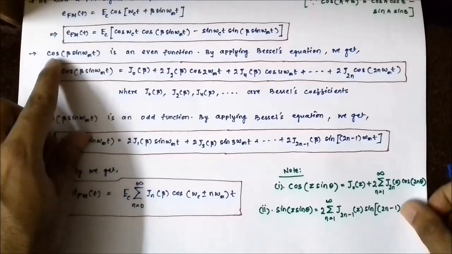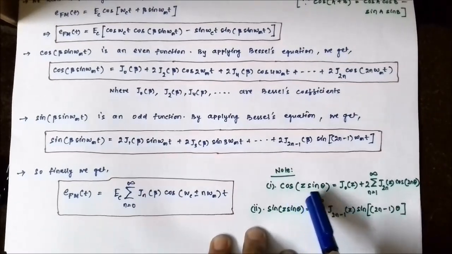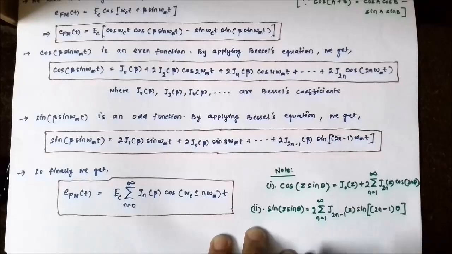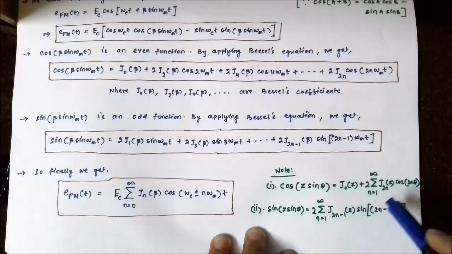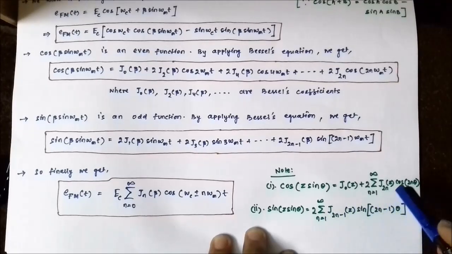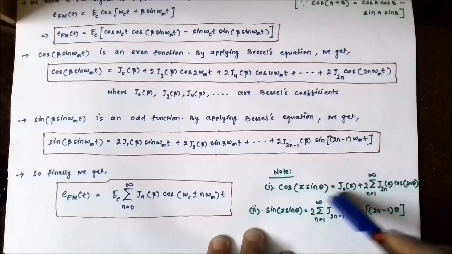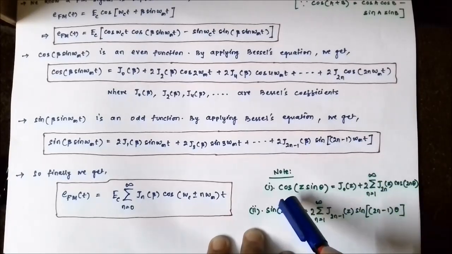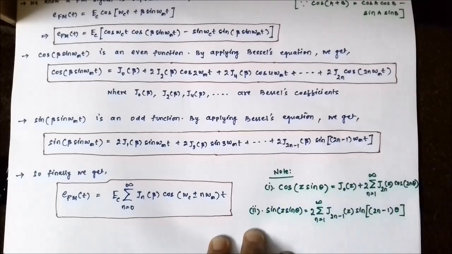So in this term we apply this formula: cos(z sin theta) is equal to J0(z) plus 2 times the summation from n equals 1 to infinity of J_2n(z) cos 2n theta. This is the Bessel's expansion for cos or even functions involving cos(z sin theta).